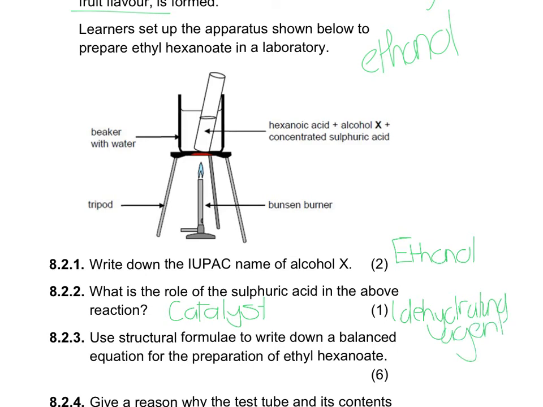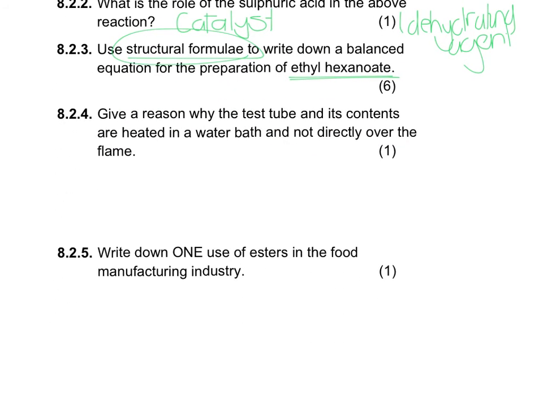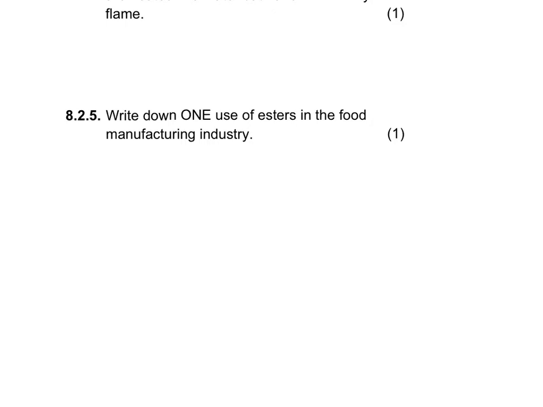Then they say, using structural formulae, write down a balanced equation for the preparation of ethyl hexanoate. Well, they've actually made this easier for us because we know what the acid is, we know what the alcohol is. Let's start with the alcohol. It was ethanol. All right, there's the ethanol.